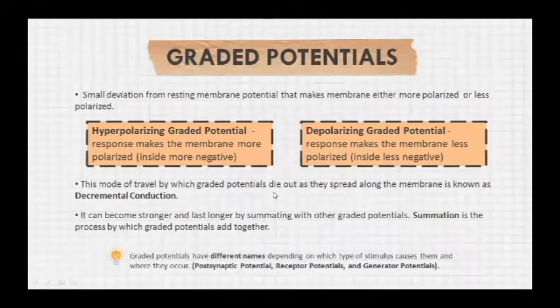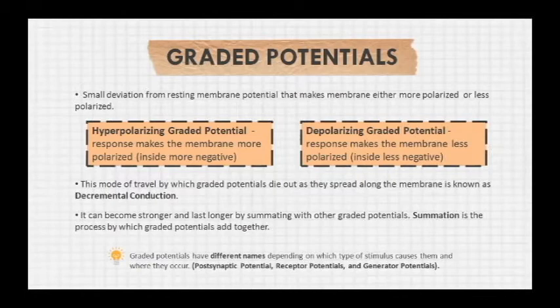Graded potentials are small deviations from resting membrane potential that make the membrane either more polarized or less polarized. So, it could be a hyperpolarizing graded potential or a depolarizing graded potential. In a hyperpolarizing graded potential, the response makes the membrane more polarized, meaning the inside or the cytosol would be more negative.